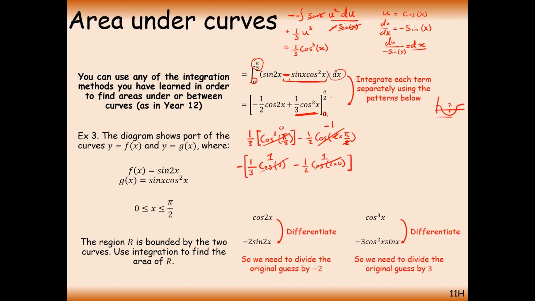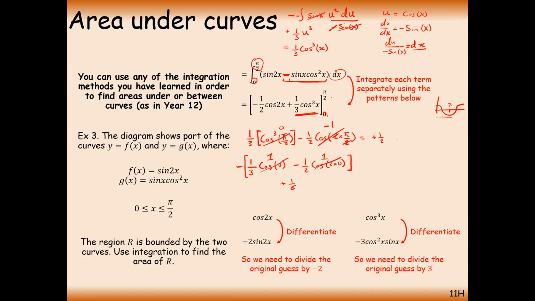So we have 1/3 take away a half, which is negative 1/6, and negative negative 1/6 will make this a positive 1/6. And here we have simply a positive 1. So we actually have positive times negative 1 times the negative half, which will give us positive half.